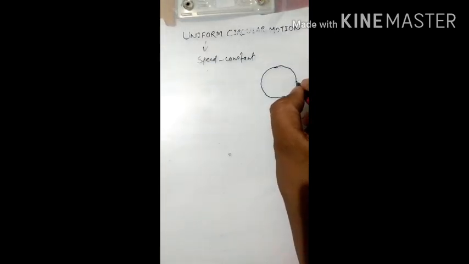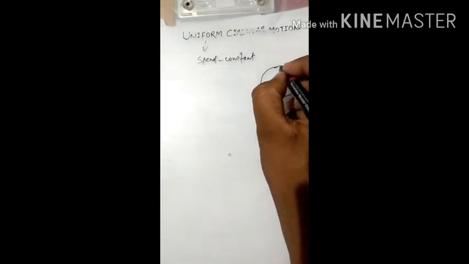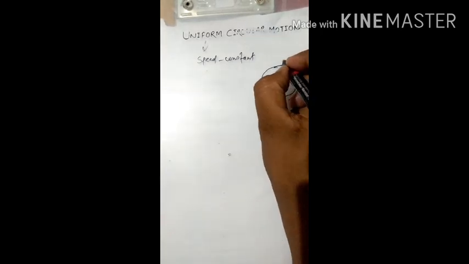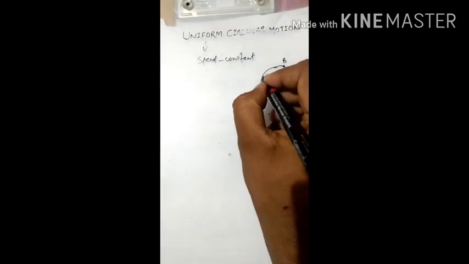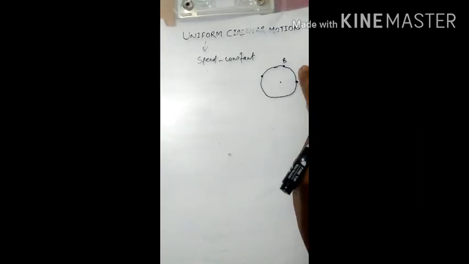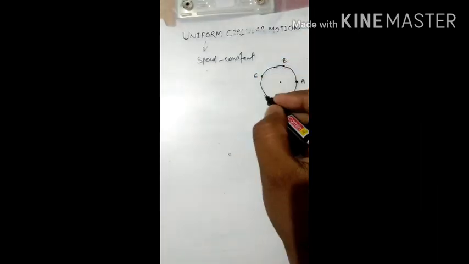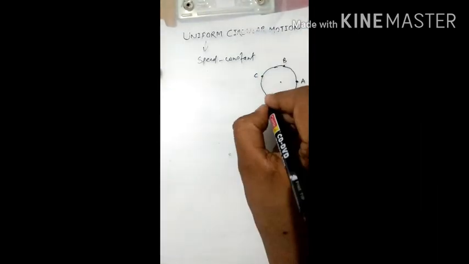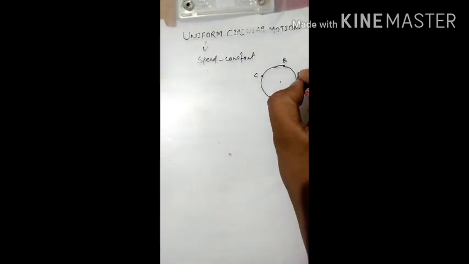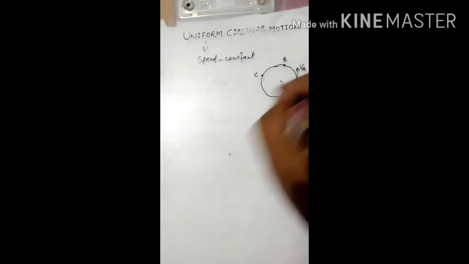We can understand this by this diagram. This is the particle at point A. After some time, it changes its position to point B. After some more time, it changes its position to C. At point A, the velocity is represented like this, VA.